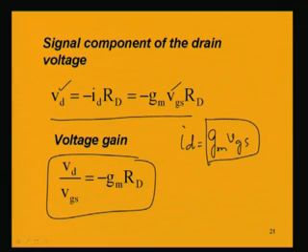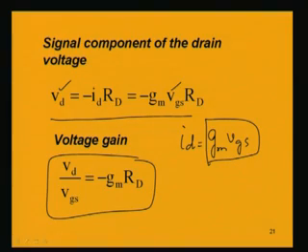Now, if we look into the term, we get that gm, the transconductance for the MOSFET, will be a parameter which is defined for a particular MOSFET.